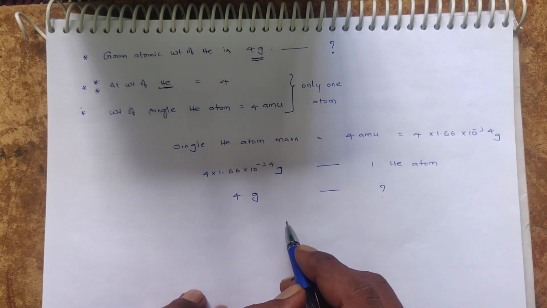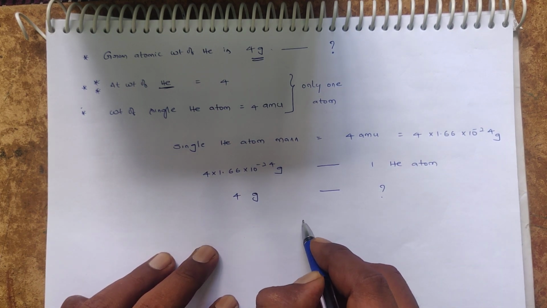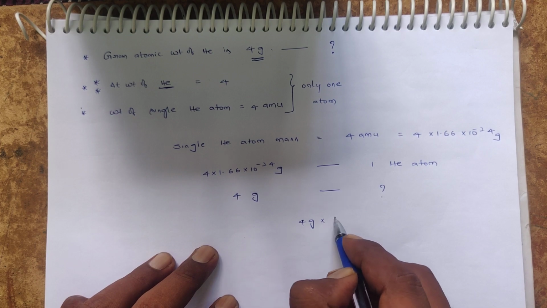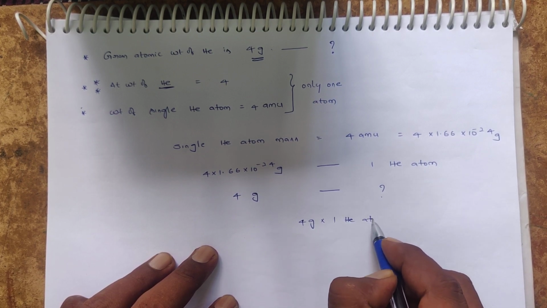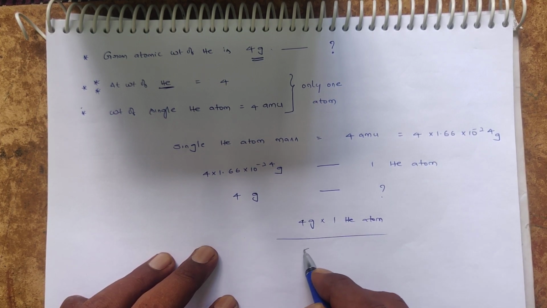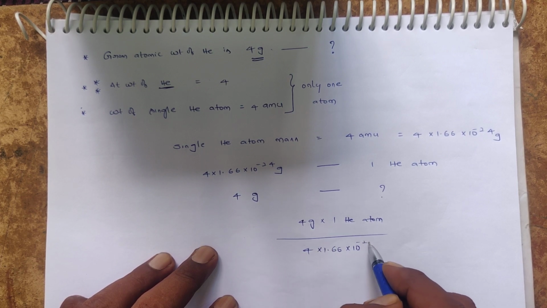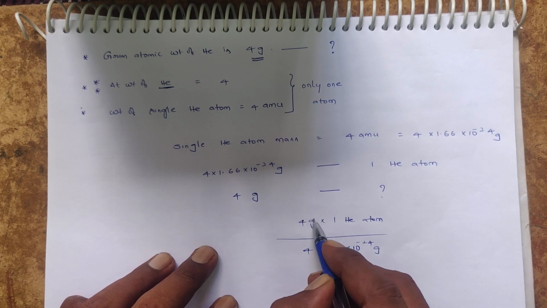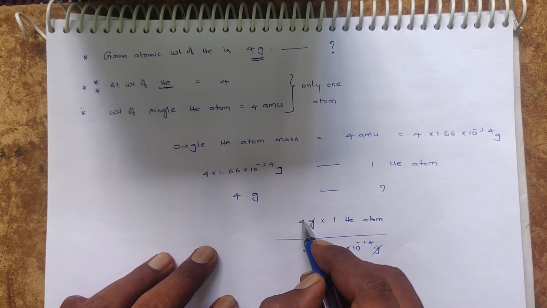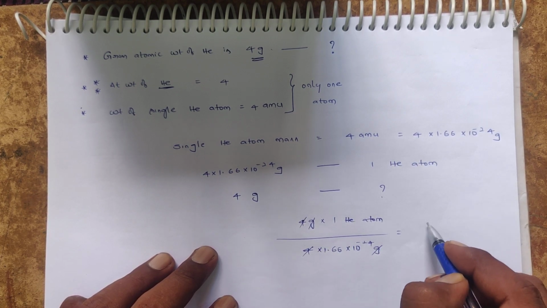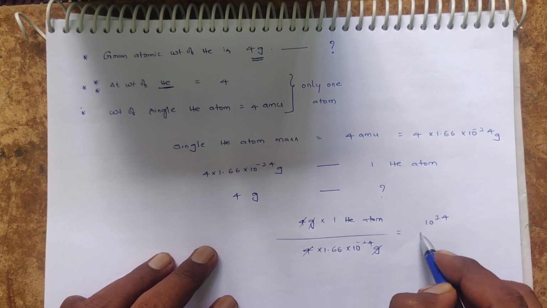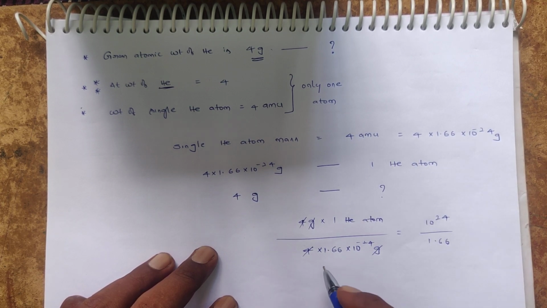Simply cross multiplication. Here we will get 4 grams into 1 helium atom by 4 into 1.66 into 10 power minus 24 grams. Gram gets cancelled. 4 gets cancelled. On rearranging, we will get 10 power 24 by 1.66.